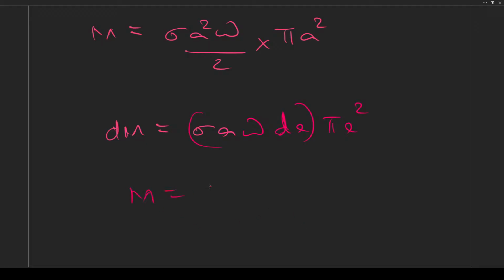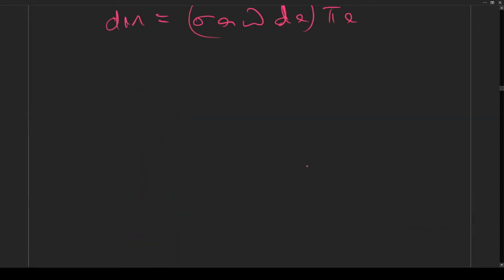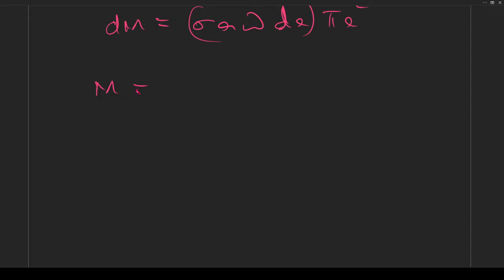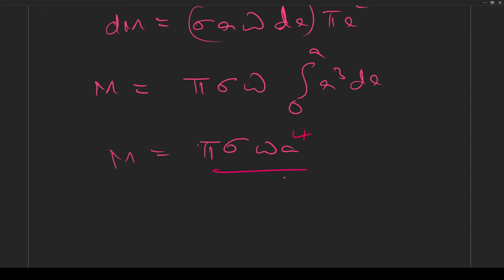Integrating this, we will get magnetic moment, which is equal to pi sigma omega, integral from 0 to a of r cube dr, and we will get magnetic moment equal to pi sigma omega a power 4 by 4.